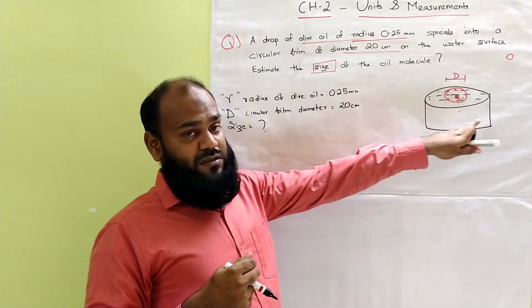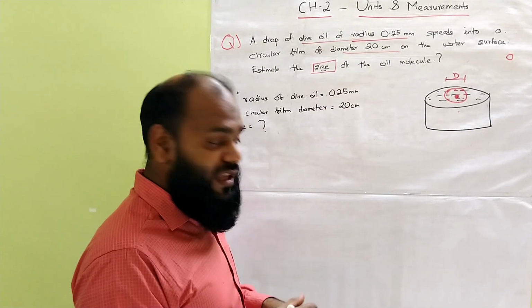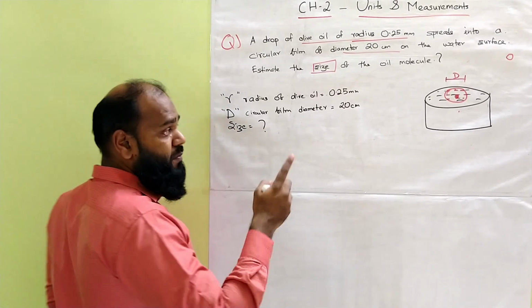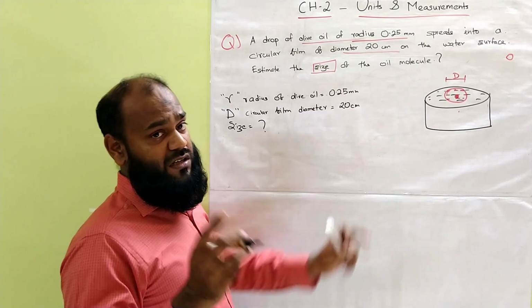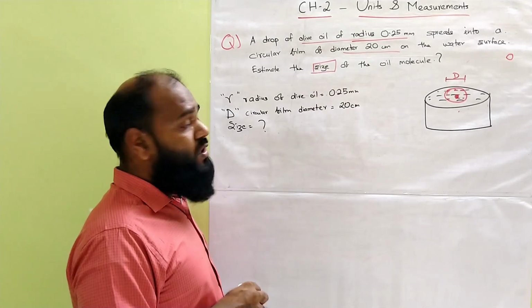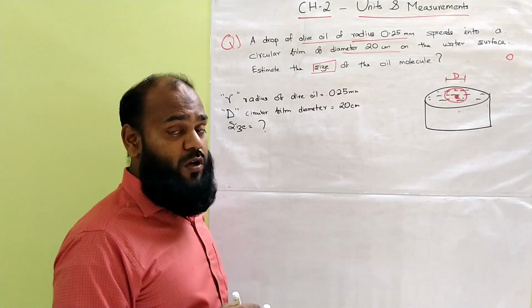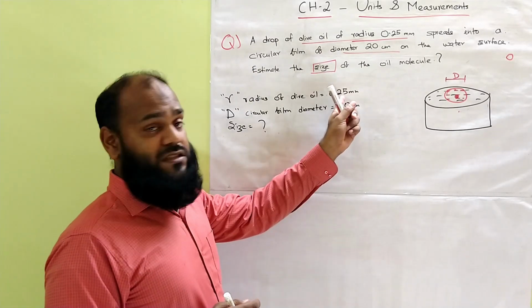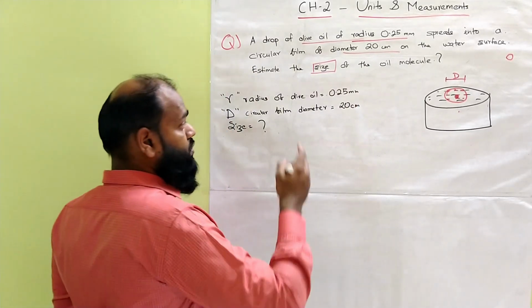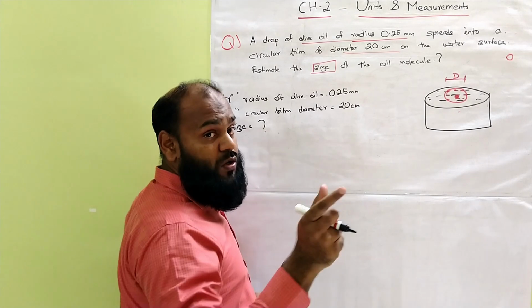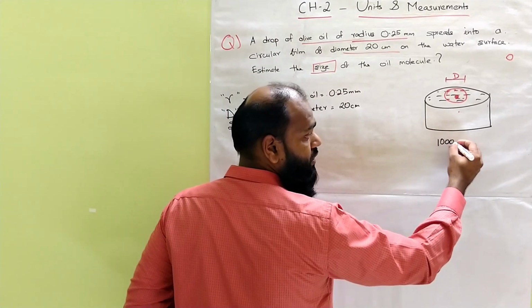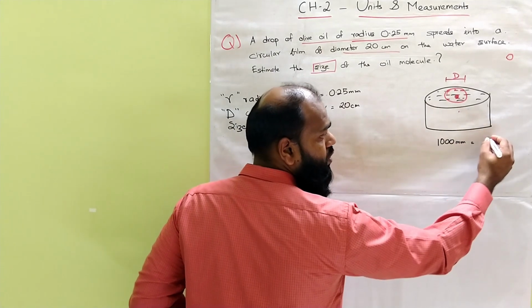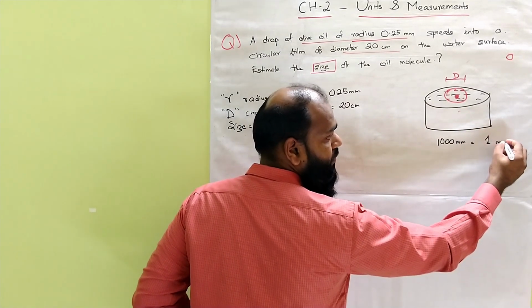Based on this method, now let's try the formula. But before writing that, we need to change the units, because without changing the units, your answer may not be accurate. Therefore, let us change the units first. Regarding videos on changing units, please click the link above. 1000 millimeters equals 1 meter.